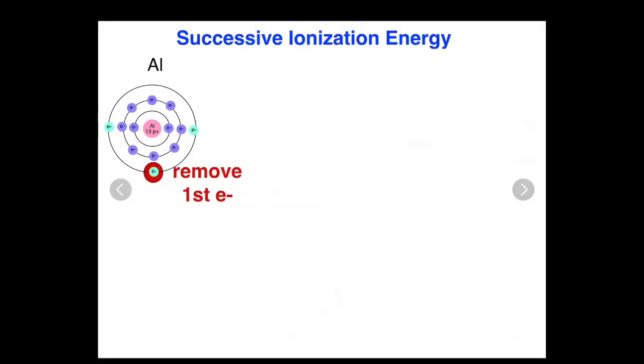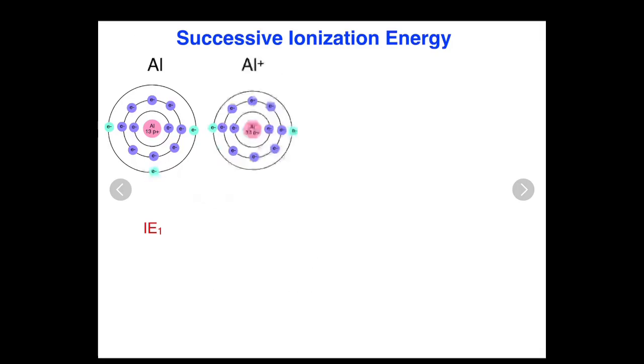Removing the first electron is going to require a certain amount of energy. Once it is removed, you will notice that the size gets a little bit smaller because you are minimizing the electron-electron repulsion and increasing the nucleus-electron attraction.